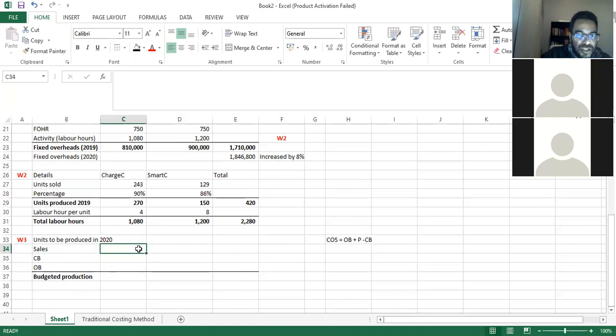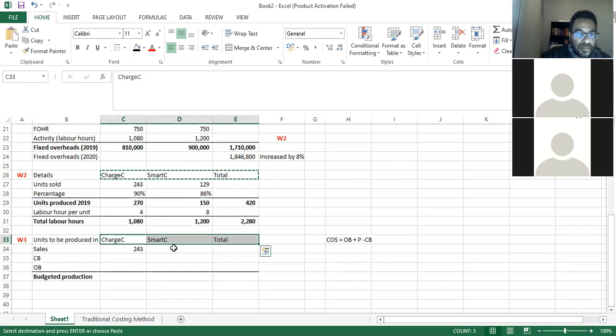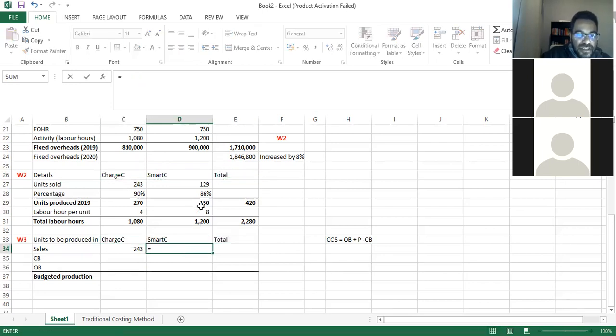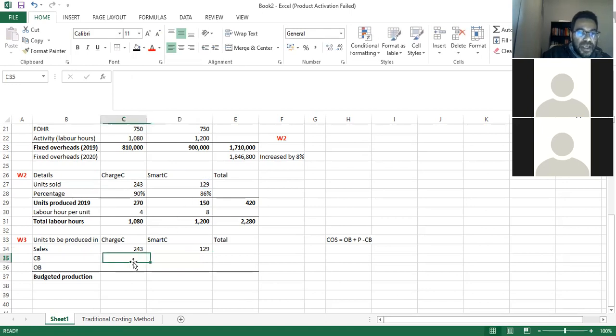Remember, our budgeted sales was our actual sales of 2019. Our budgeted sales is our actual sales of 2019. Remember, they said that 2019's closing balance is 10% of units produced and 14% of units produced.